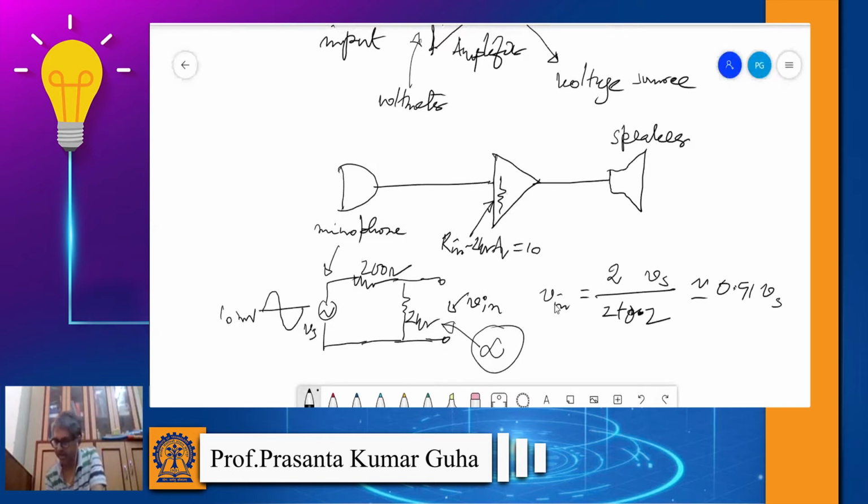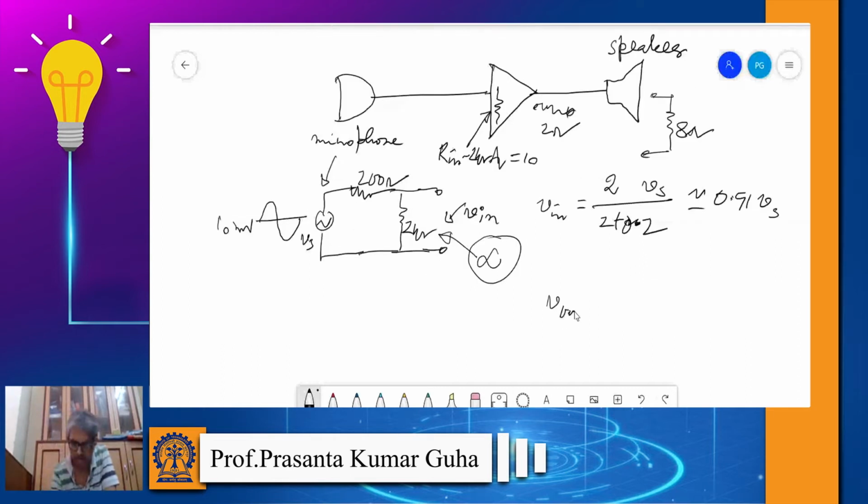Similarly, if I assume that this speaker has a resistance of say 8 ohm, and let's assume that the R out of this amplifier is 2 ohm, you see the V out we will get is V amplified multiplied by 8 over 2 plus 8, right, so that's around 0.8 V amp.